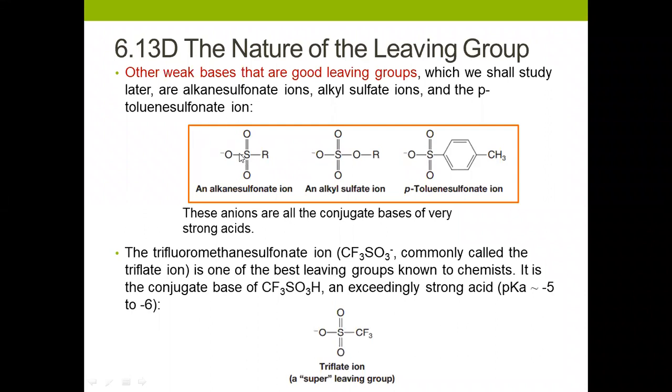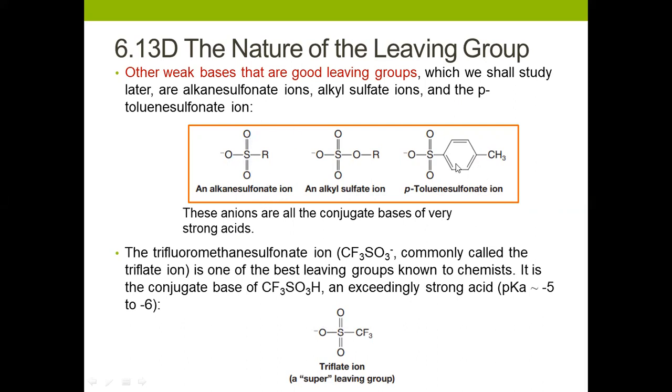What would make it a good leaving group? Because it contains three electronegative oxygen atoms. When it's connected to carbon, it has more tendency to draw the electrons, but it can be stabilized by this system here. There is resonance formation when it leaves the substrate because of the sulfur double bond to oxygen.